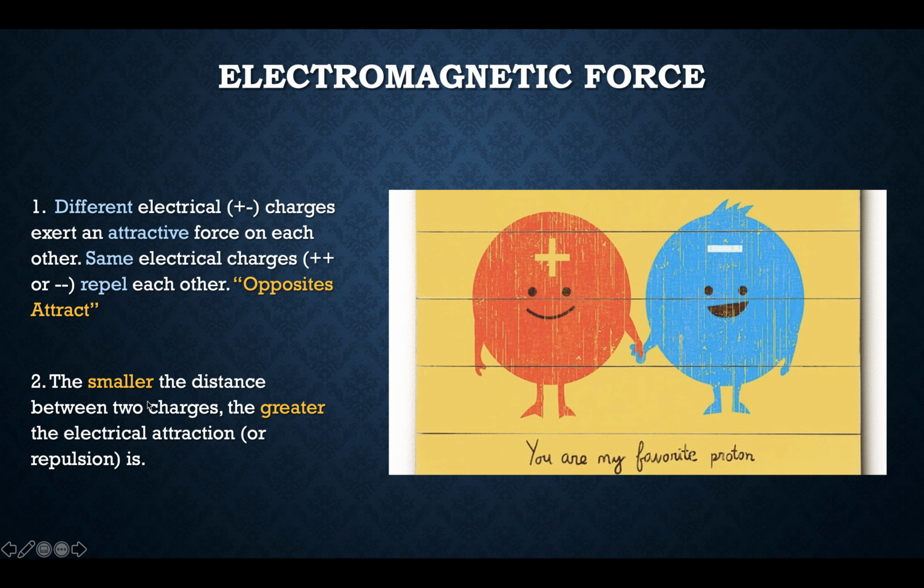And the reason why is that in electromagnetism, the smaller the distance between the two charges, the greater the electrical attraction or repulsion will be. So if this little plus guy was all the way over here on this end of the screen, it would be less of an attraction than when he's sitting right here. The closer two charges are together, the stronger that attraction will be.